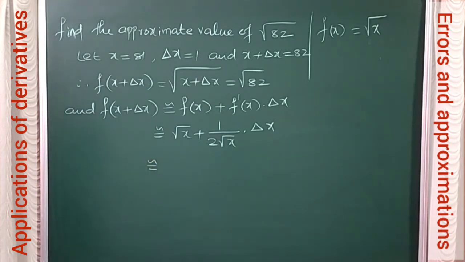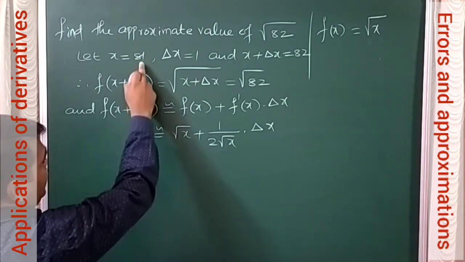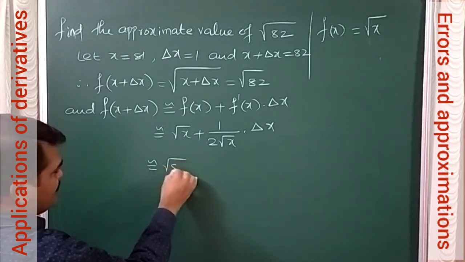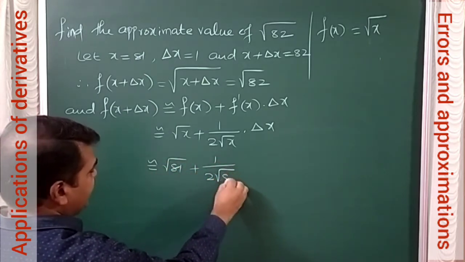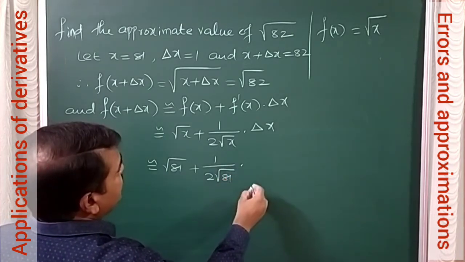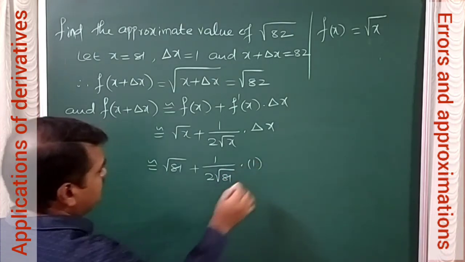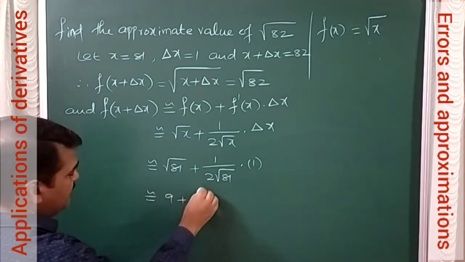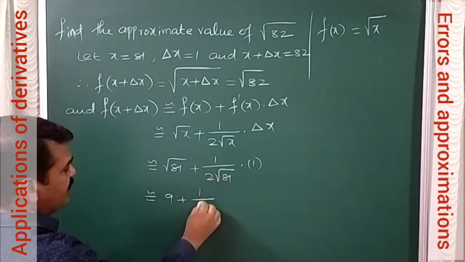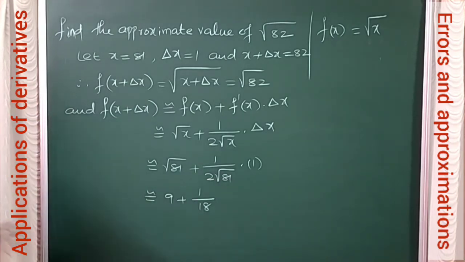Now substitute all values. We know that x is 81, so this is root 81 plus 1 by 2 root 81 into delta x, which is 1. So therefore this is approximately 9 plus 1 by 2 into 9, 18.